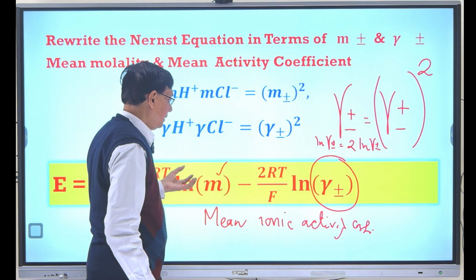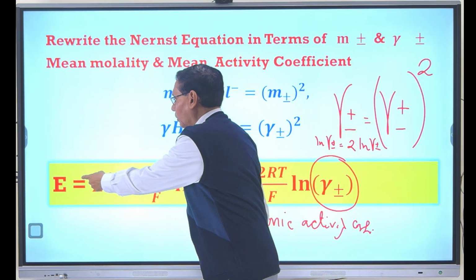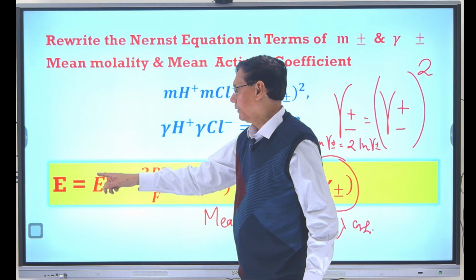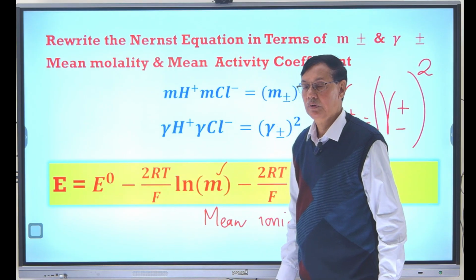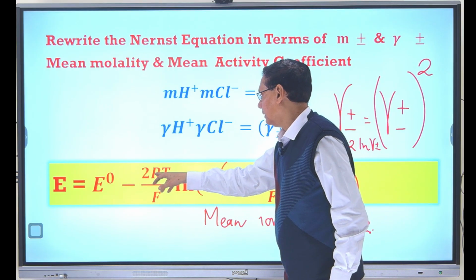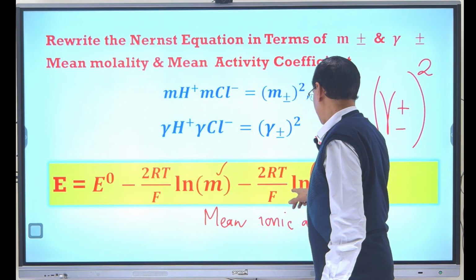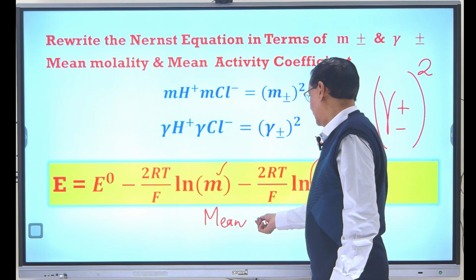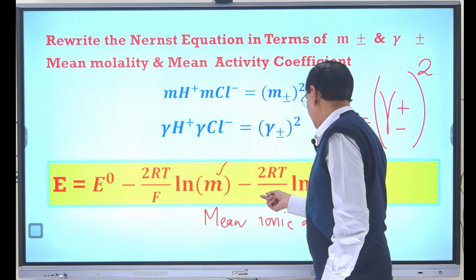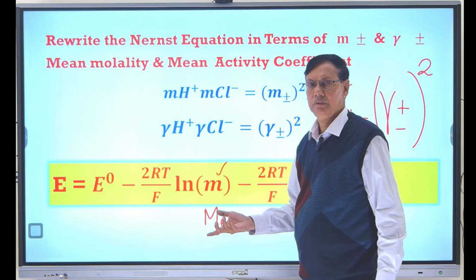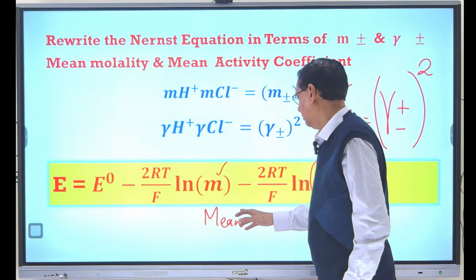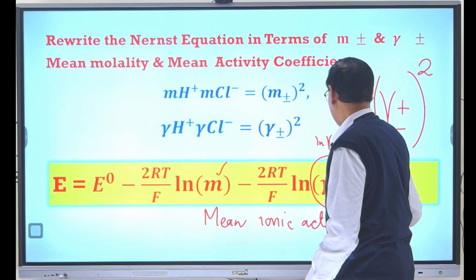And second thing, how to determine the E0. So now the final equation is E is equal to E0 minus 2RT by F, 2 from here, now it is mean molality, or in some books it is written like mean molar ionic activity. So there is no problem. You can directly write the mean ionic activity coefficient.